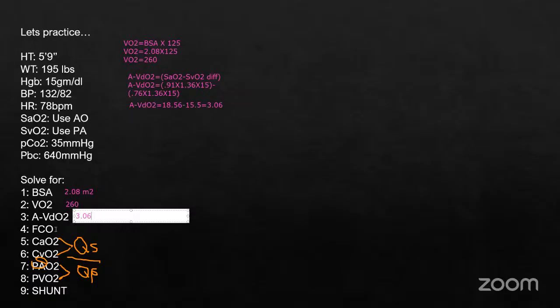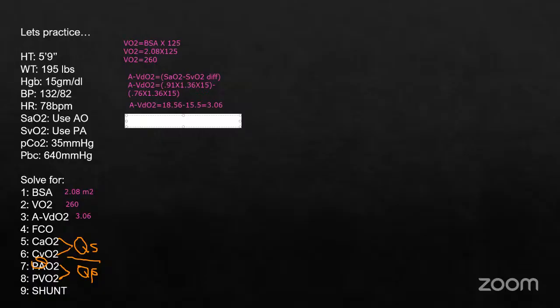All right, and then my number 4, I'm going to get fake cardiac output, which is the gold standard, by the way. So cardiac output is equal to VO2 divided by AV difference times 10.